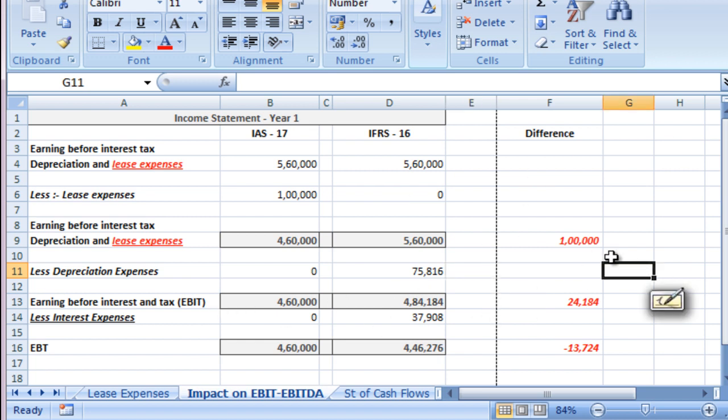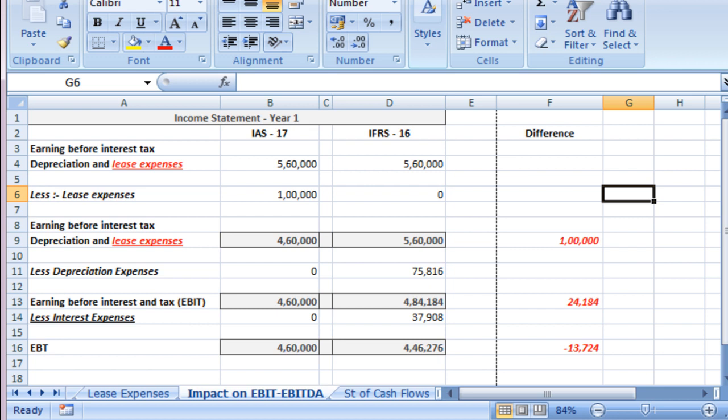Because I have deducted the lease expenses, and there is no lease expense in IFRS 16. So the EBITDA is coming out to be 5,60,000 under IFRS 16 because there is no lease expense. But under IAS 17, the EBITDA is 4,60,000 because we have a lease expense to go.